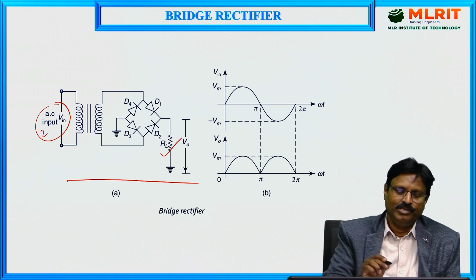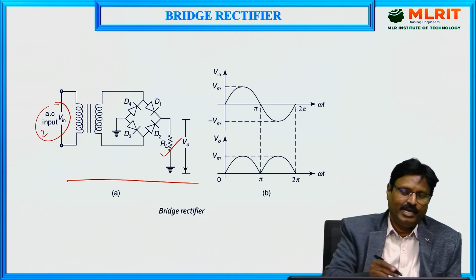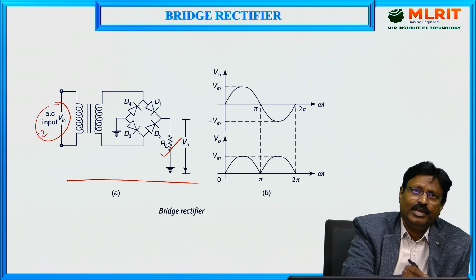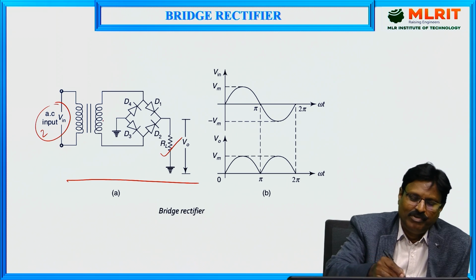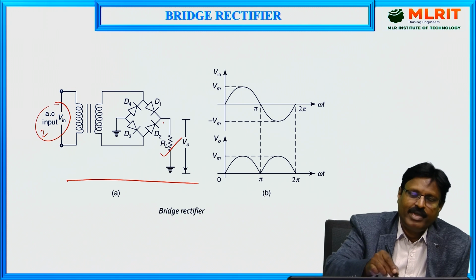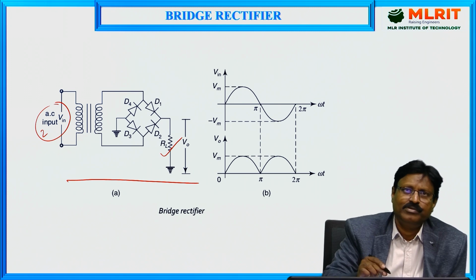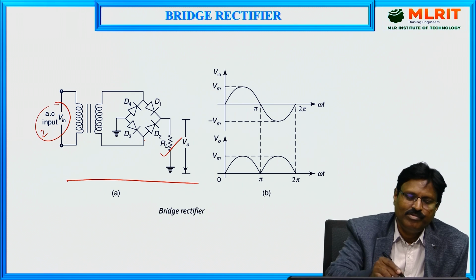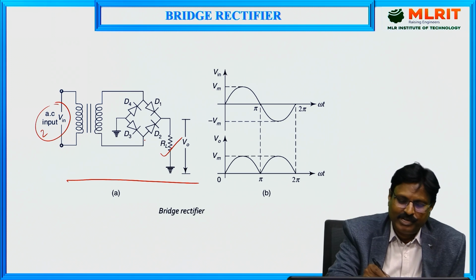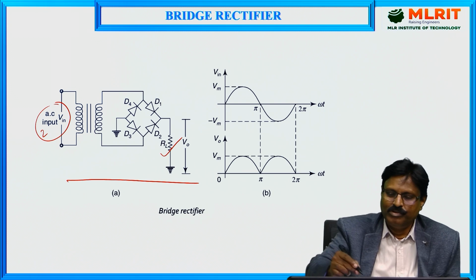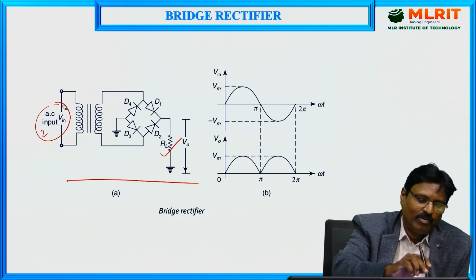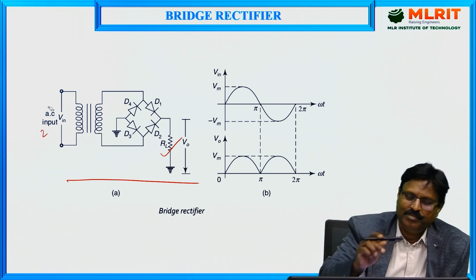This is the circuit arrangement: this is the primary winding where we provide the input, and this is the secondary winding to which we connect the 4 diode bridge arrangement, with the load resistor across which the output voltage is taken. Let us assume that we are providing the AC input voltage.